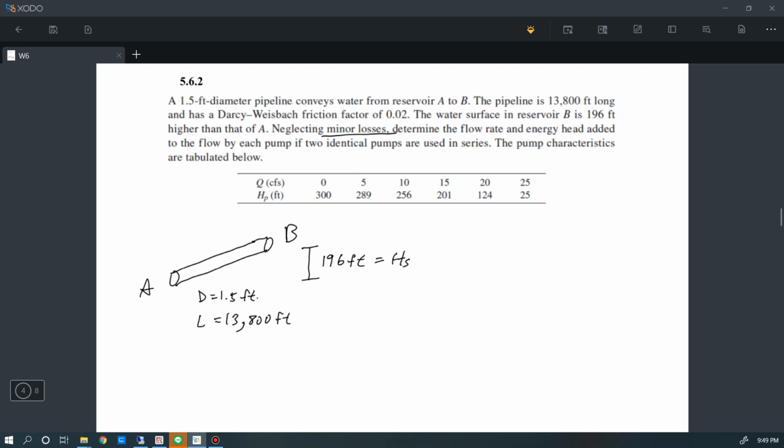We want to determine the flow rate and the energy head if two identical pumps are installed in this pipeline. Okay, so what does that mean?